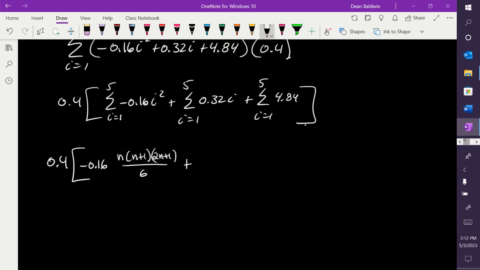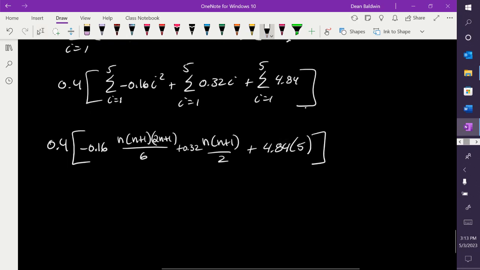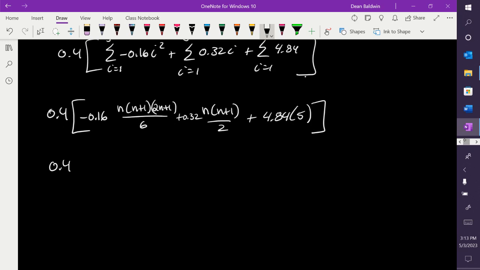The sum of i is n plus 1 over 2. Oh, I forgot the 0.32 on the outside. And then the constant is just 5n times c. So 4.84 times 5, and we know n is 5 for all those ones.